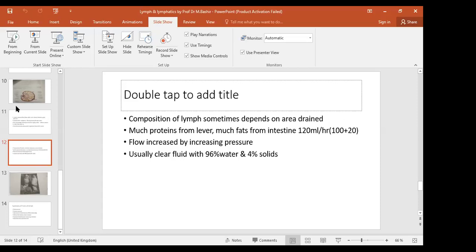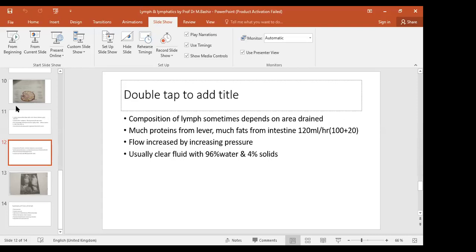The flow is increased by increasing the lymphatic channels. And that is very simple. For example, if somebody stretches your arms, your body, when you are fatigued, then that increases the lymphatic flow too much.